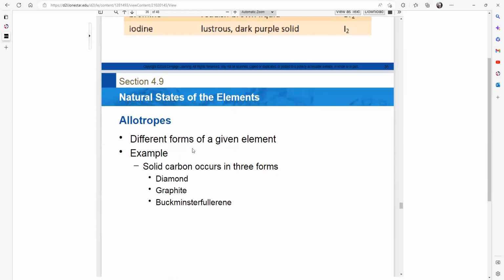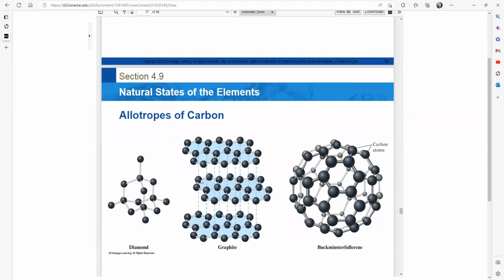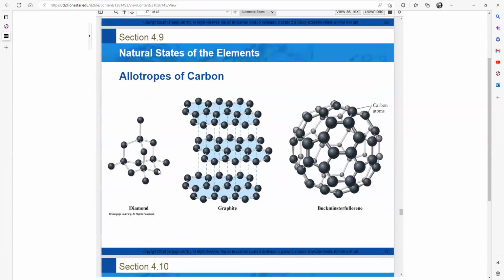Different elements have different distributions, and we call these allotropes. Allotrope. For example, these 3 allotropes are made of carbon, and they have a distribution of the atoms in a different way.